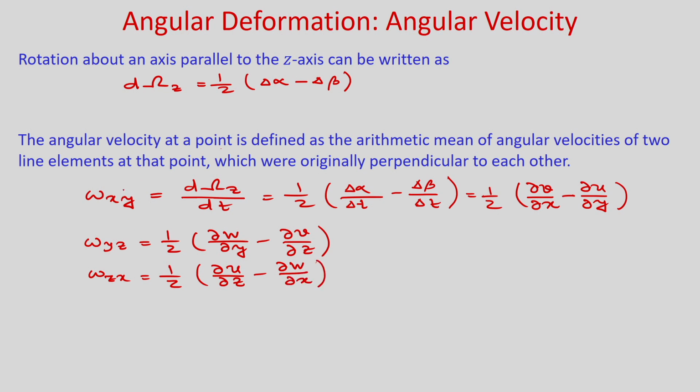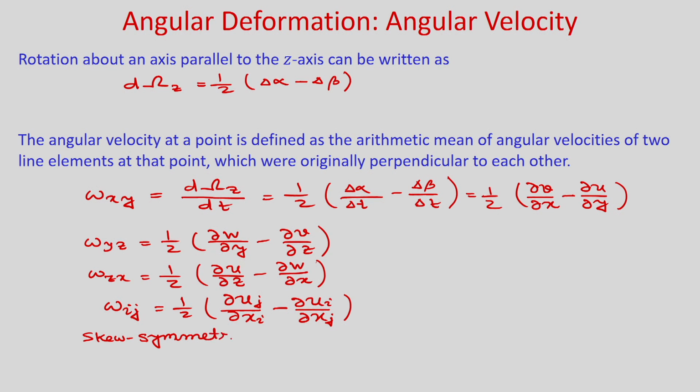You can see all this you can write in terms of a second order tensor, that is omega i j is equal to half del u j by del x i minus del u i by del x j. And obviously, from here you can see that this angular velocity tensor is skew symmetric, that means omega i j is equal to minus omega j i.